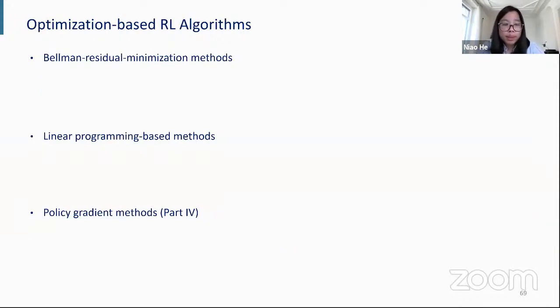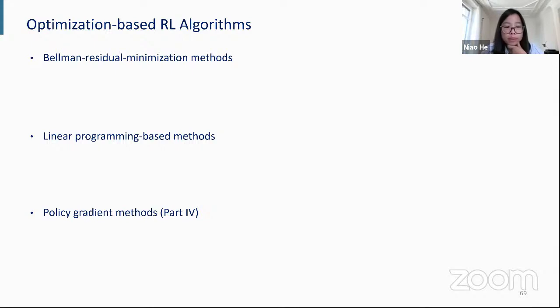Many people don't agree with me, because they think RL by itself is an optimization problem, trying to maximize the reward to get an optimal policy. But you'll see how this is different from the value-based methods we discussed earlier, Q learning and TD learning. As I said, those algorithms can be interpreted more or less as solving some optimization problem, but they're not really computing the actual gradient.